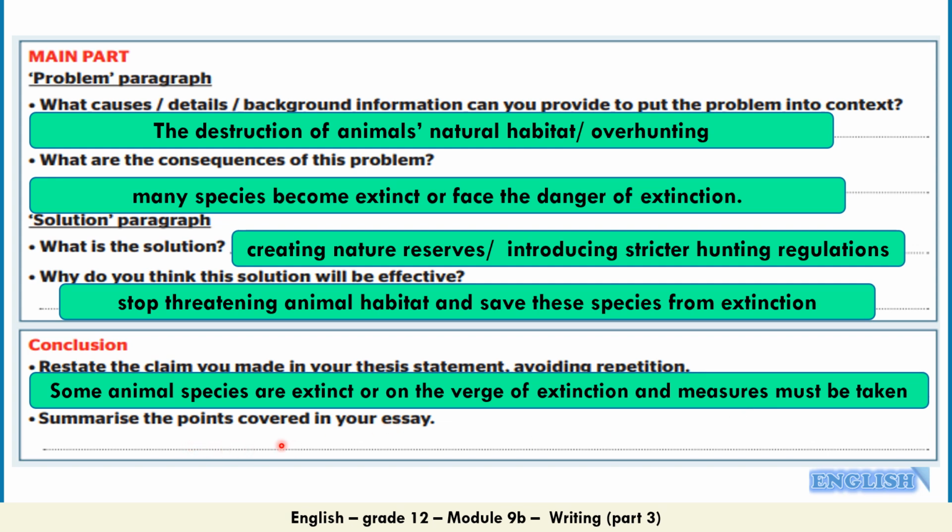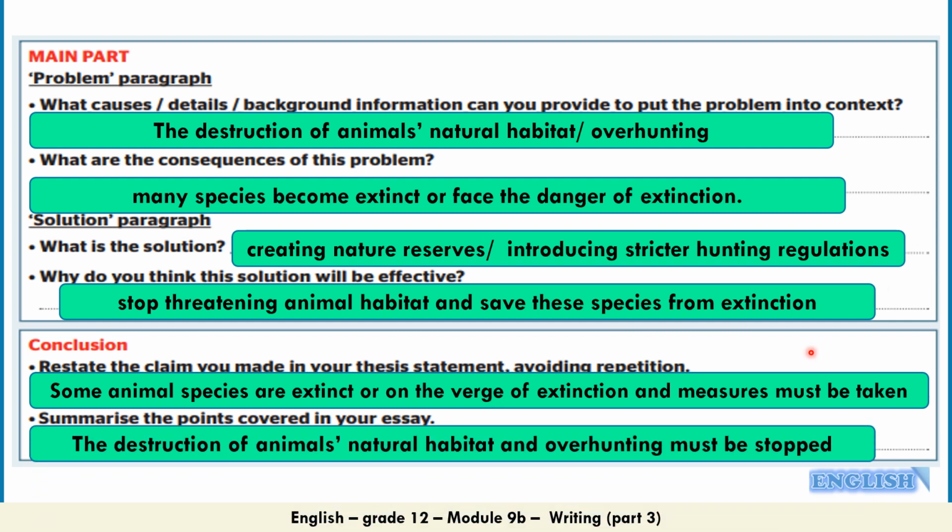When you summarize the points covered in your essay, you can say, for example, here, the destruction of animals' natural habitat and overhunting must be stopped. Excellent.